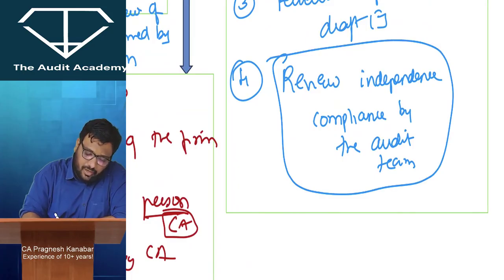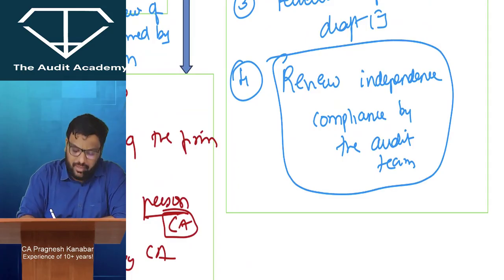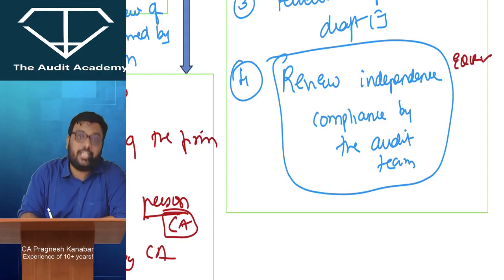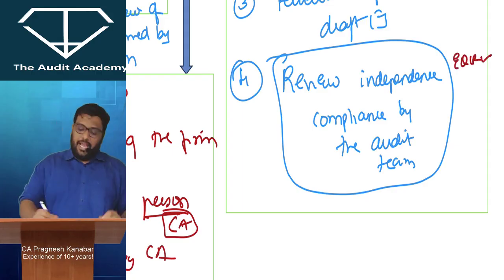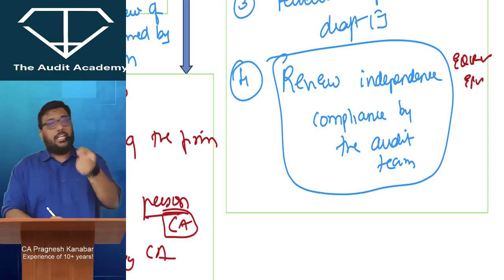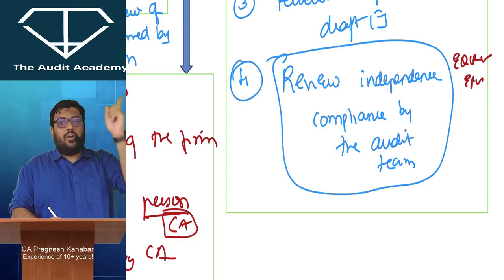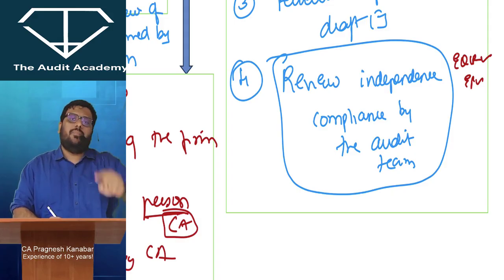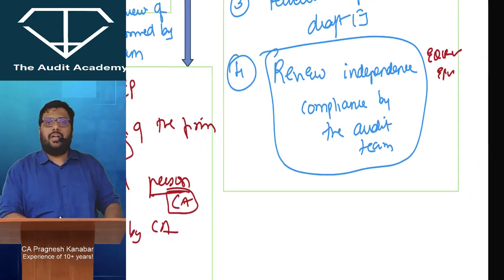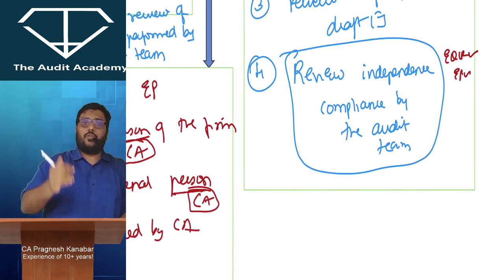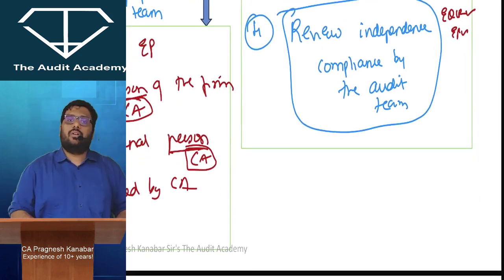Now this has been one of their favorite questions in the old course, and can be repeated in the new course also, that this is the role of the engagement quality control reviewer as well as the engagement partner. The engagement partner will check the independence of the team, and the engagement quality control reviewer will review the independence compliance that the team has maintained. The engagement partner cannot deny showing these documents to the engagement quality control reviewer.